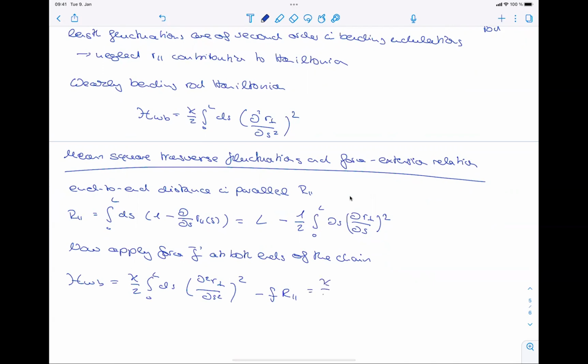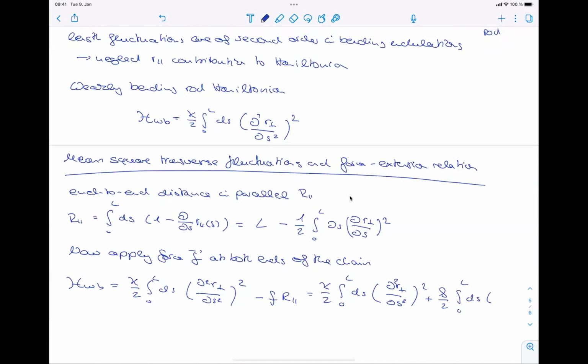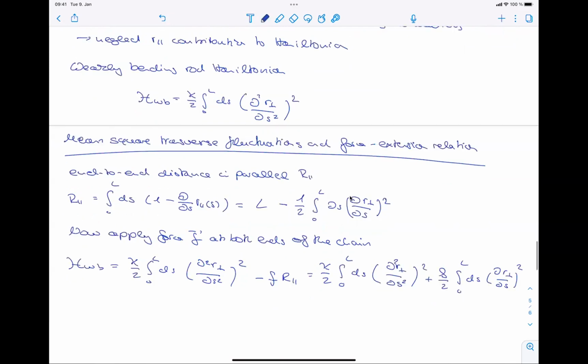And if we spell this out, just copying down the first term, we get the second derivative squared plus F over 2 integral from 0 to L ds of now a linear first order derivative squared. It's this term. Plus constants that are not changing the dynamics.